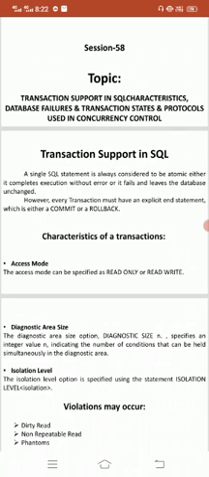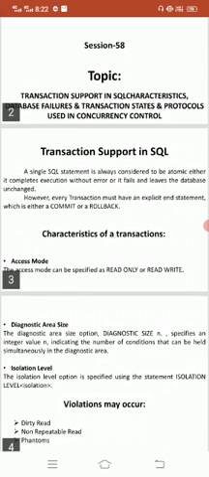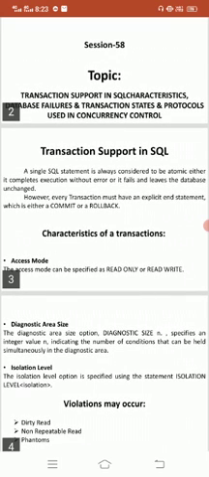However, every transaction must have an explicit end statement, which is either a commit or rollback.